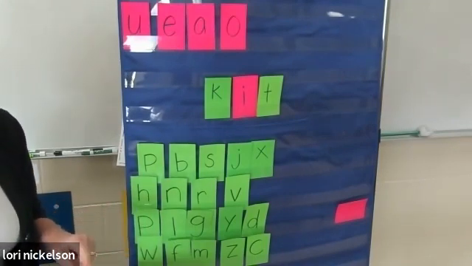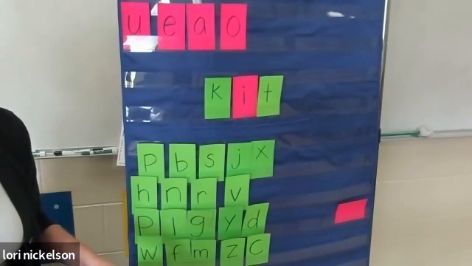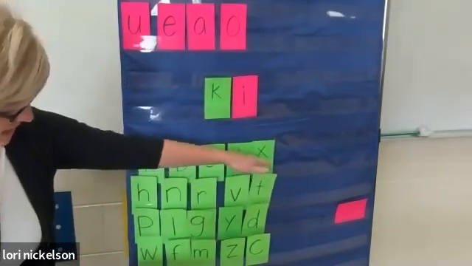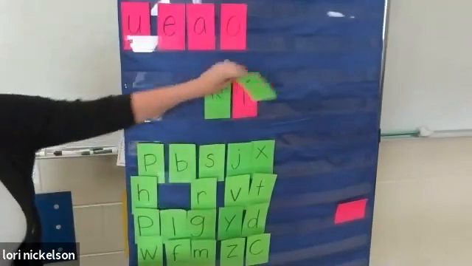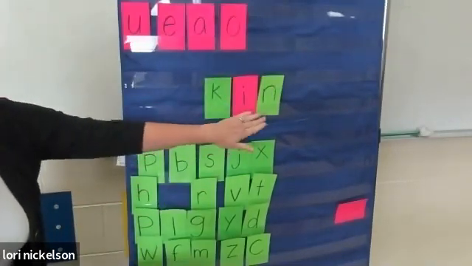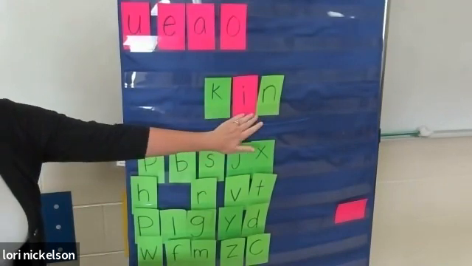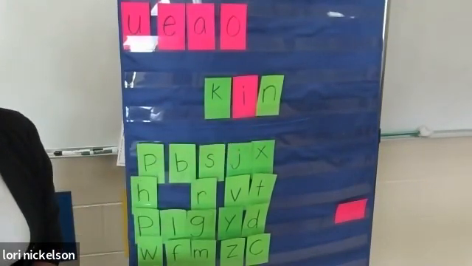So we've made kid into kit. Now let's make kit into kin. What letter am I going to change there? You're right. I'm going to change the T and I'm going to replace it with an N. Now I have kin. Good. What if I want to make kin into Kim? What letter would I use there?